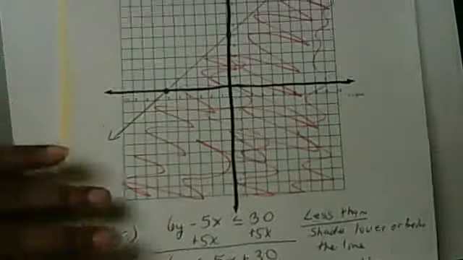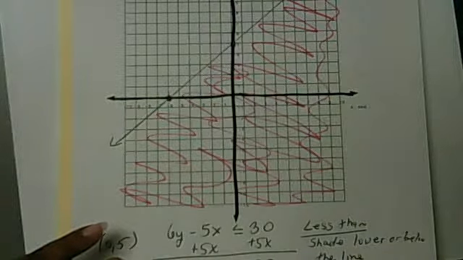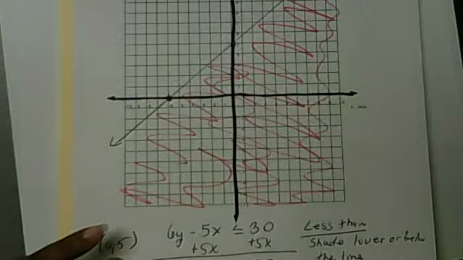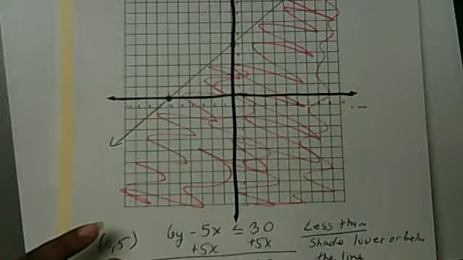Alright? Let's try another type of problem which is important in getting your y equals by itself. Alright, we're going to try 7x minus y is greater than or equal to 1.